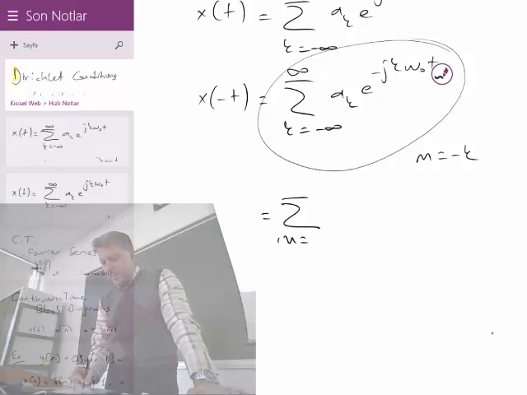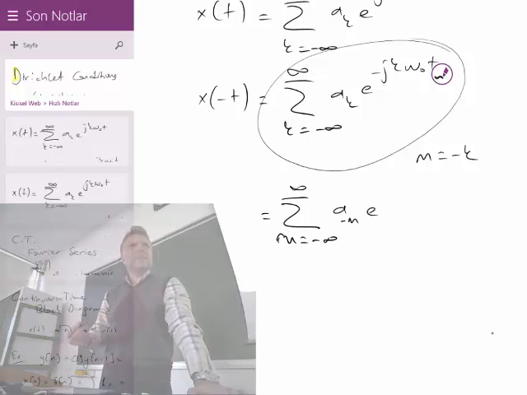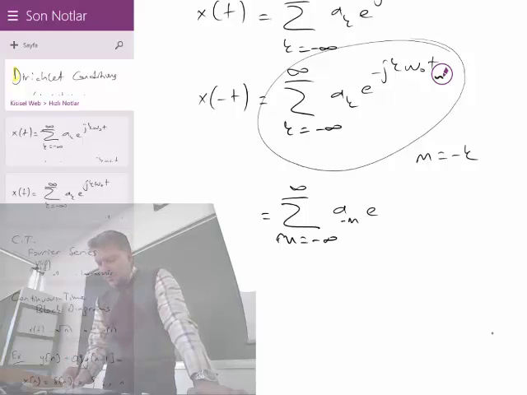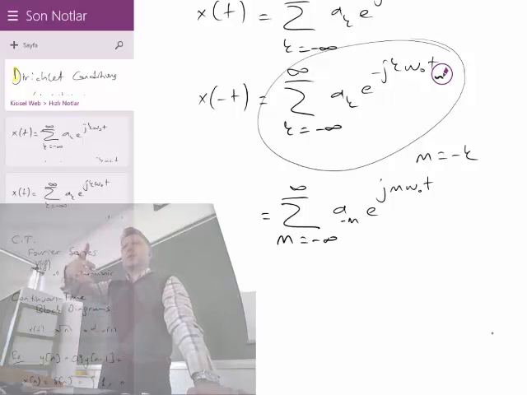It will be m from minus infinity to infinity, a minus m e to the jm omega 0 t, because if it is ak, and since m is equal to minus k, k is equal to minus m. This m could be thought as running from infinity down to minus infinity, because it is inverted, but it corresponds to the same running limits anyway.